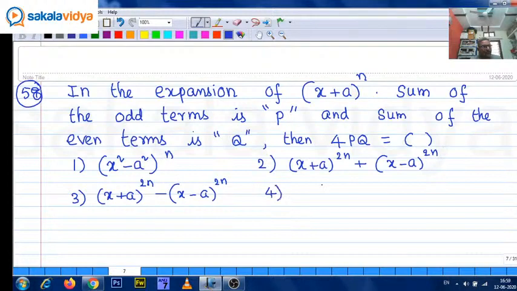Now fourth option x minus a all to the power of 2n minus x plus a all to the power of 2n. This is the question.